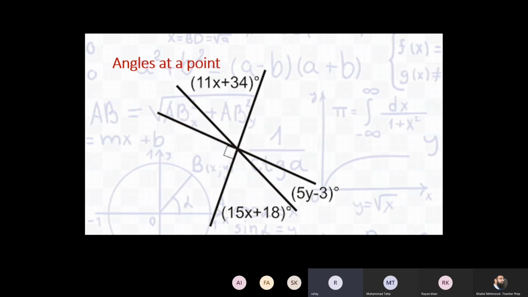There's one angle, 15x plus 18, and 5y minus 3, and 11x plus 34. So now we'll be looking at this shape. How are we solving this? Let's check it out.